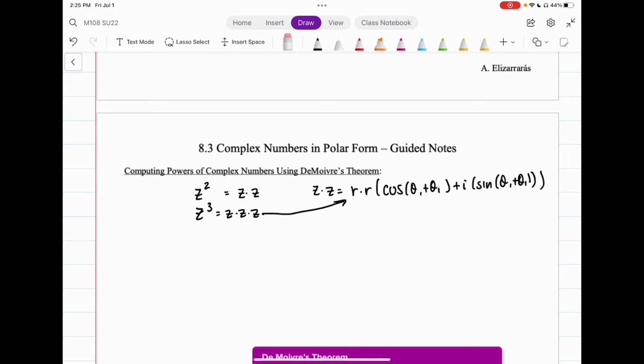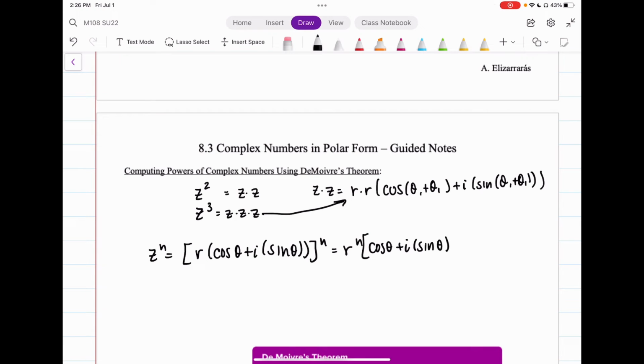formula. So if you have z to any power n, that's the same thing as r times the cosine of the angle plus i sine of the angle to the n power. And I can distribute that n, that becomes r to the n times the cosine of theta plus i sine theta to the n.